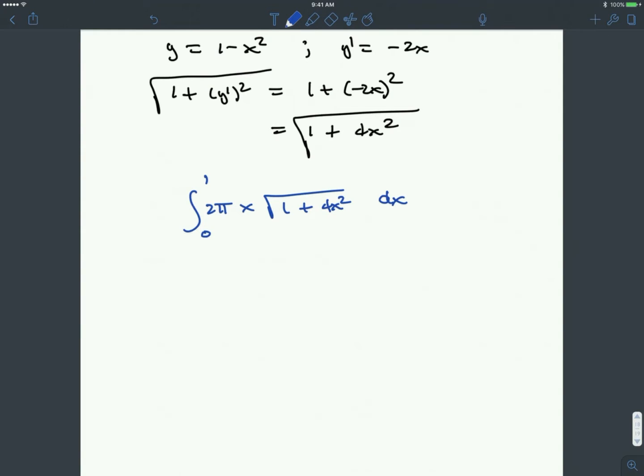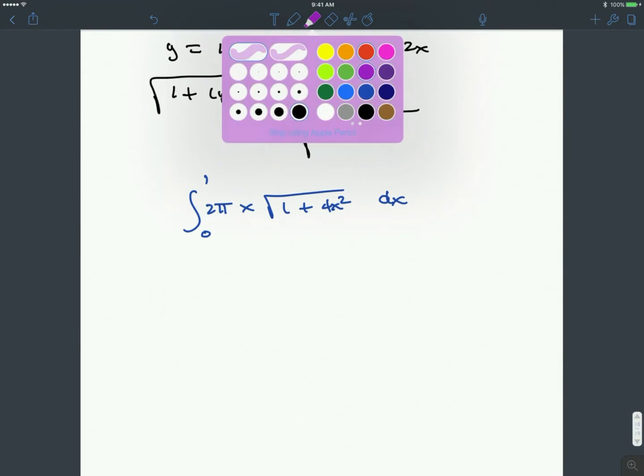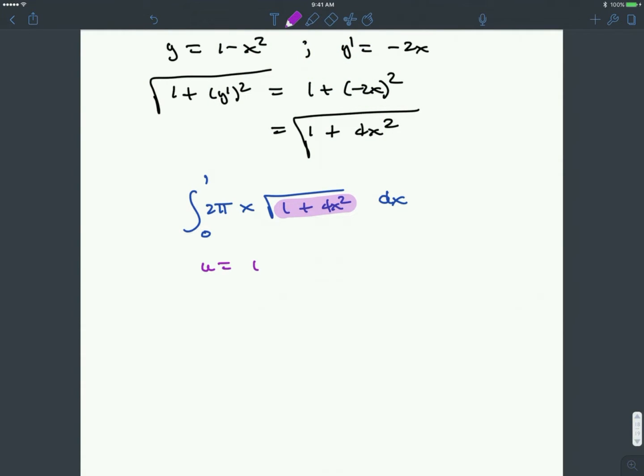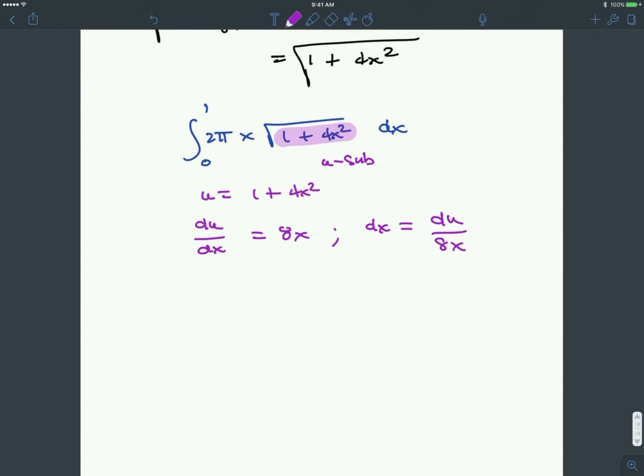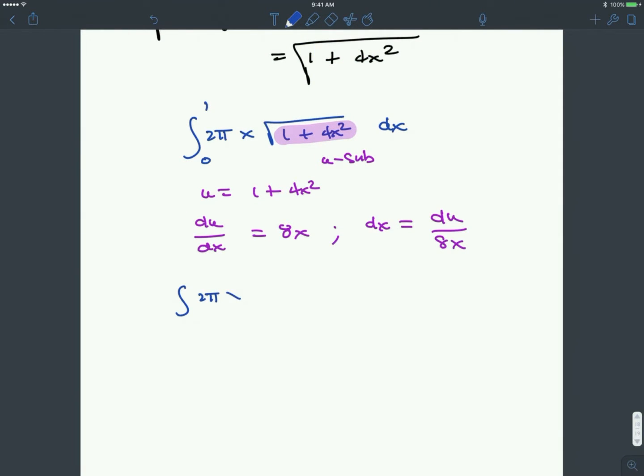So here's where we're at. This is what we were discussing earlier, and we're going to use u sub. So we have u being 1 plus 4x squared, and that means du dx is 8x, so my dx becomes du over 8x. We get 2 pi x square root u du over 8x.